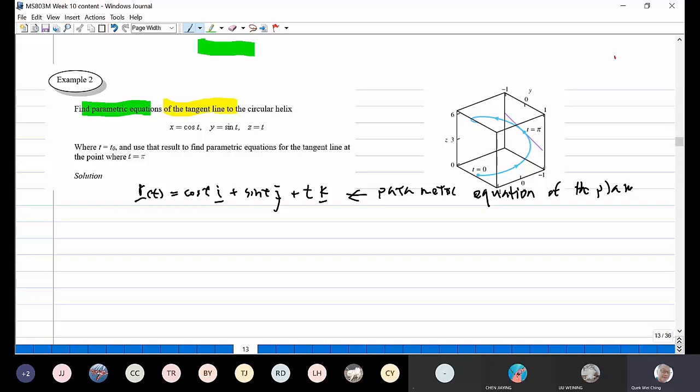So how do you find the tangent line at the point t equal to pi? I want the parametric equation of the tangent line at t equal to pi.